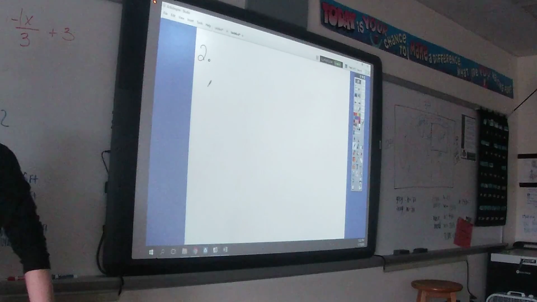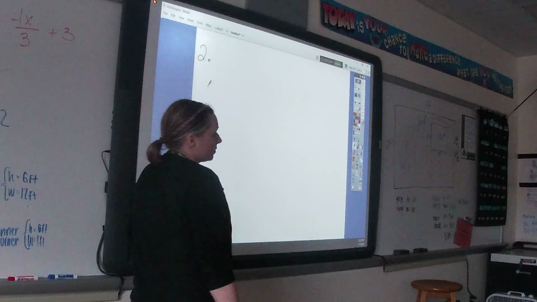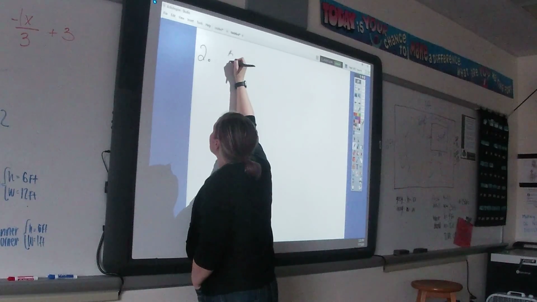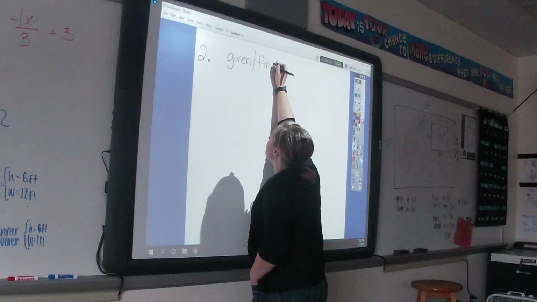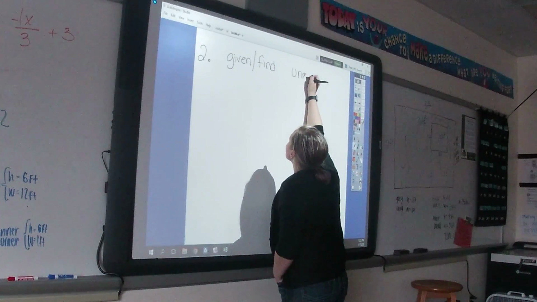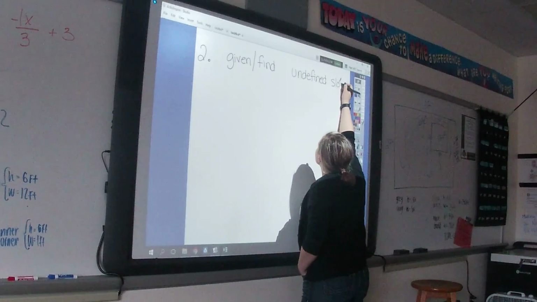Option 2. We can write the equation of a line if we are given, or we can find, undefined slope.